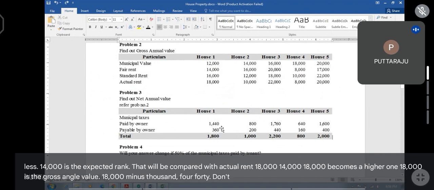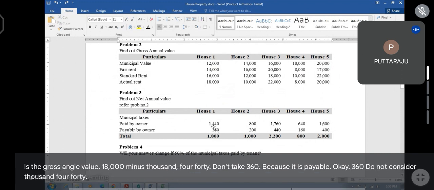Don't take 360 because it is payable. 360 do not consider. 1,440. 16,560 it comes. Is that correct? Yes, sir.